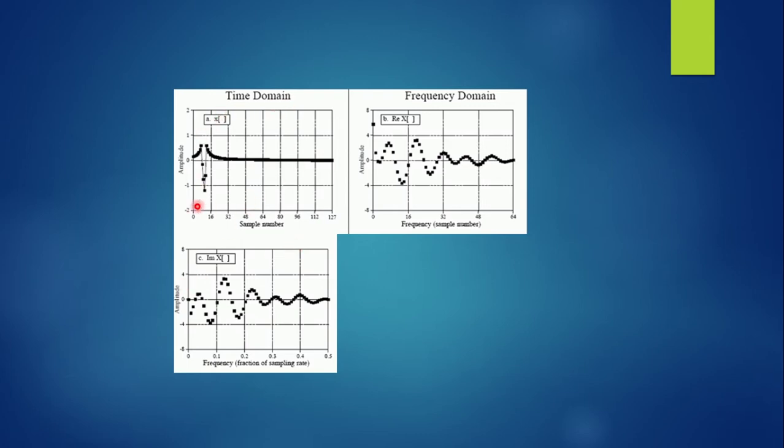Now this is your time domain signal. It is decomposed into the two. One is the real part that is containing the amplitudes of the cosine waves. This is your imaginary part that contains the amplitudes of the sine wave.